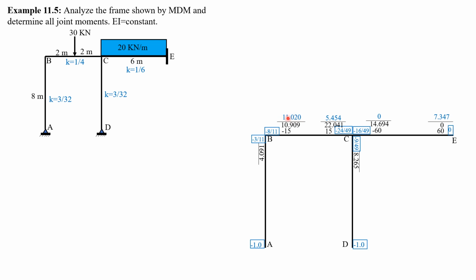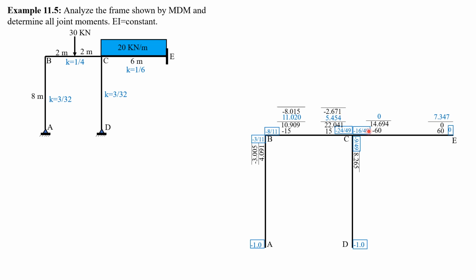So we distribute this: 11.02 times negative 8 over 11 is negative 8.015, lock partially. 11.02 times negative 3 over 11, negative 3.005, lock partially. 5.454 times negative 24 over 49, negative 2.671, lock partially.